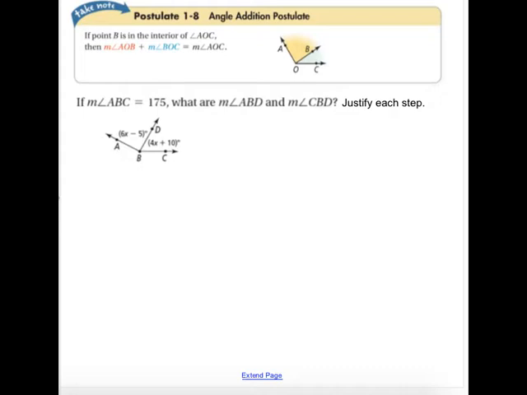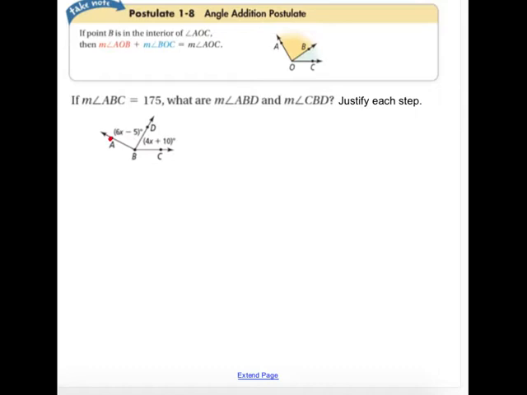Here's kind of the breakdown, the fancy words for the angle addition postulate. Pretty much all it's saying is that if two small angles, like this angle and this angle, make up a bigger angle, then if you add the two small ones, you should get the big one.